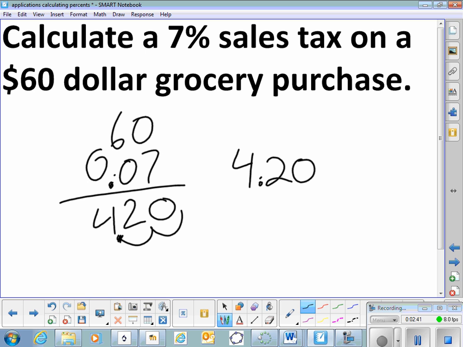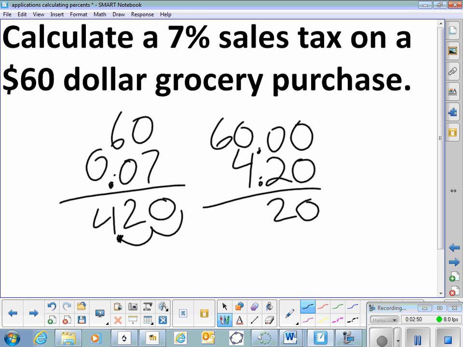So if we add that to our $60, the whole cost would be $64.20.